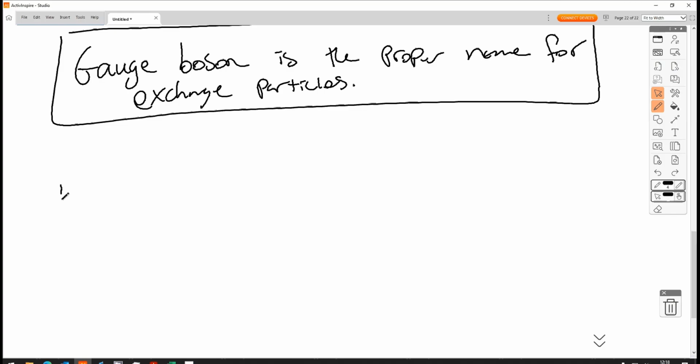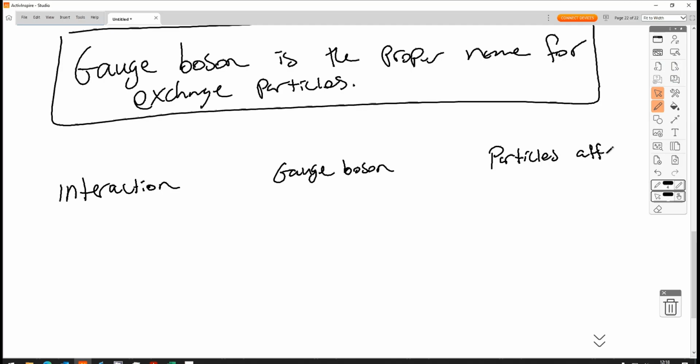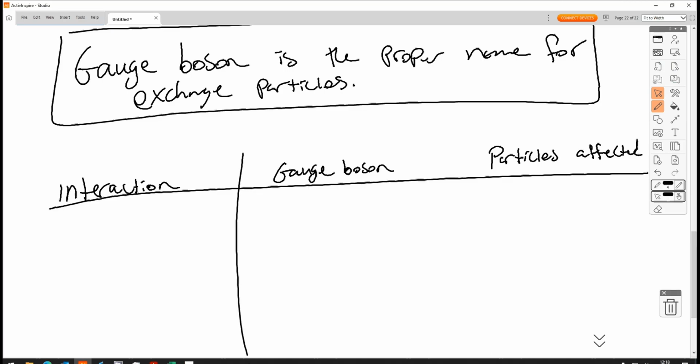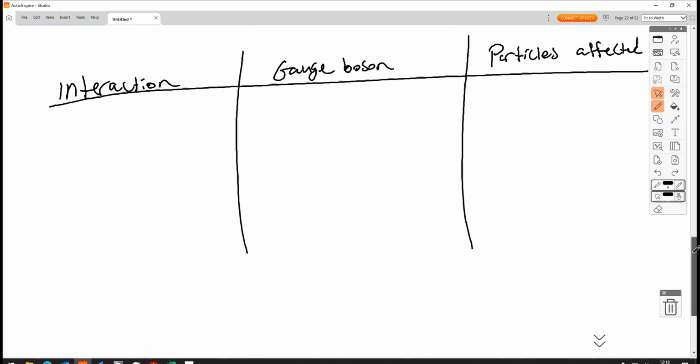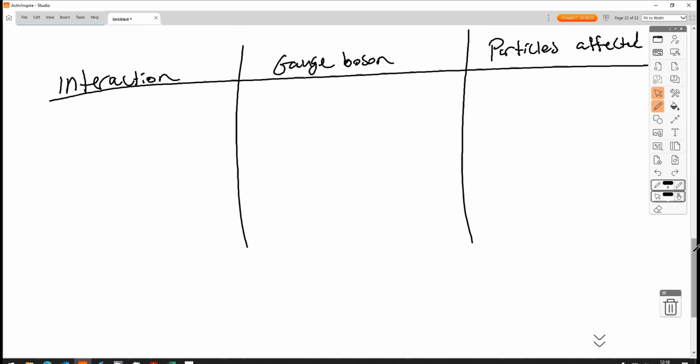Now we'll construct a table. So we'll write interaction. We'll do the gauge boson and the particles that it affects. So we'll start with the electromagnetic.